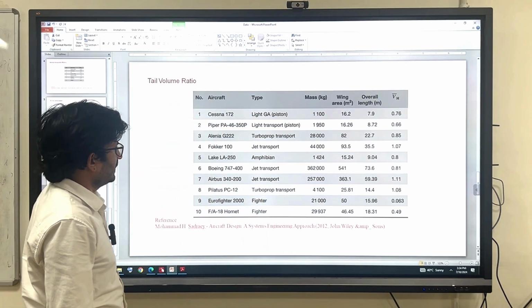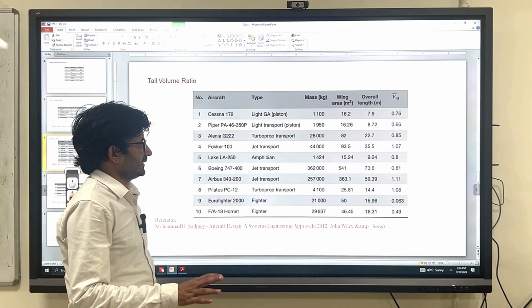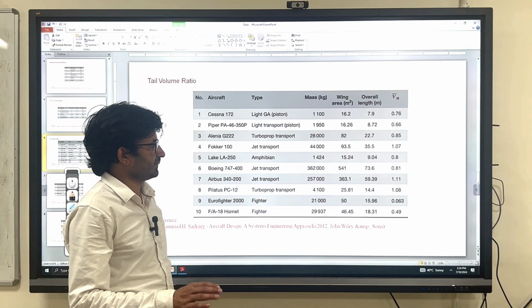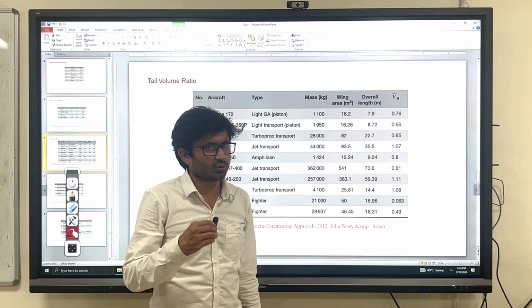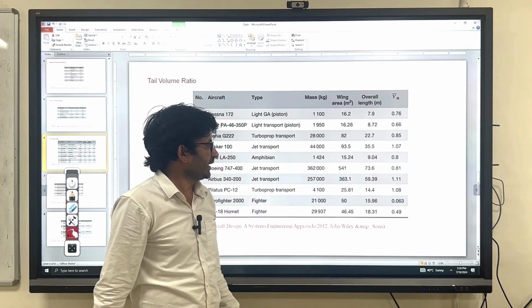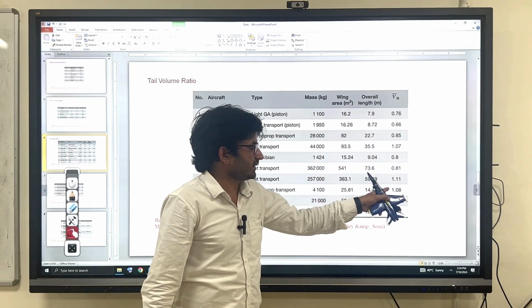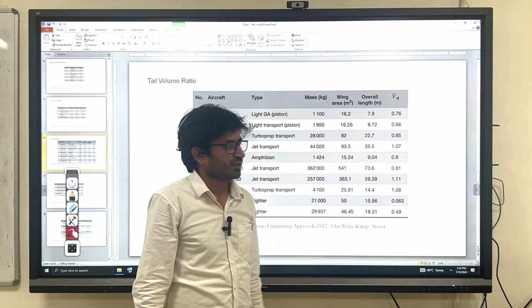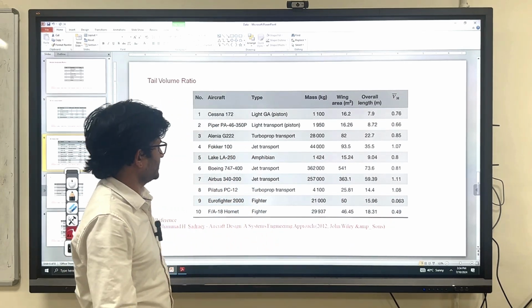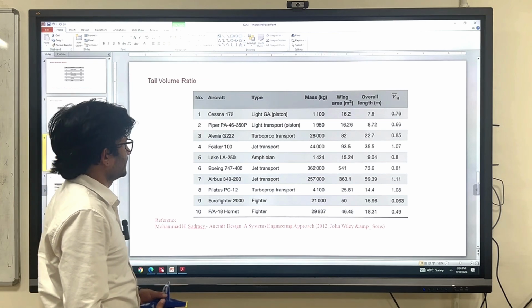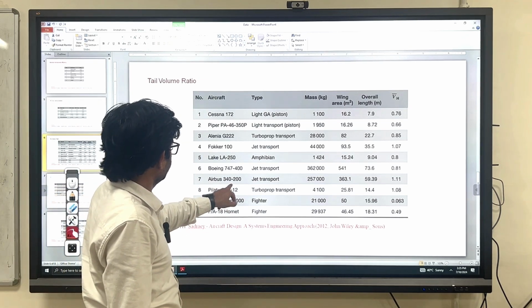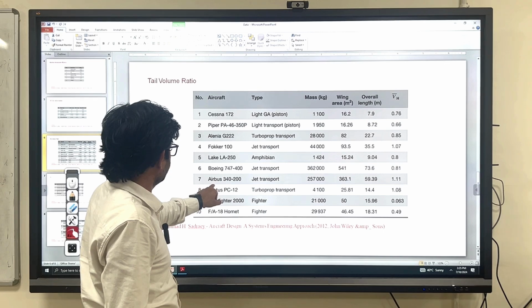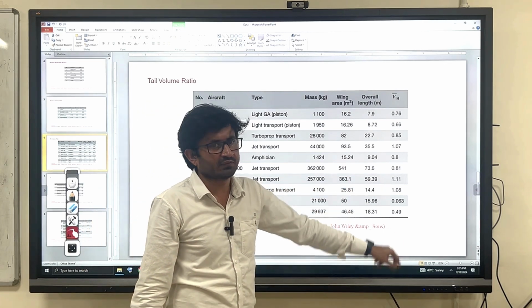Mostly for a stable aircraft, it is generally good to consider 0.6 or 0.7, and if you go beyond 1, it is considered a highly stable regime. Like the Airbus jet transport is 1.11, a very stable aircraft.